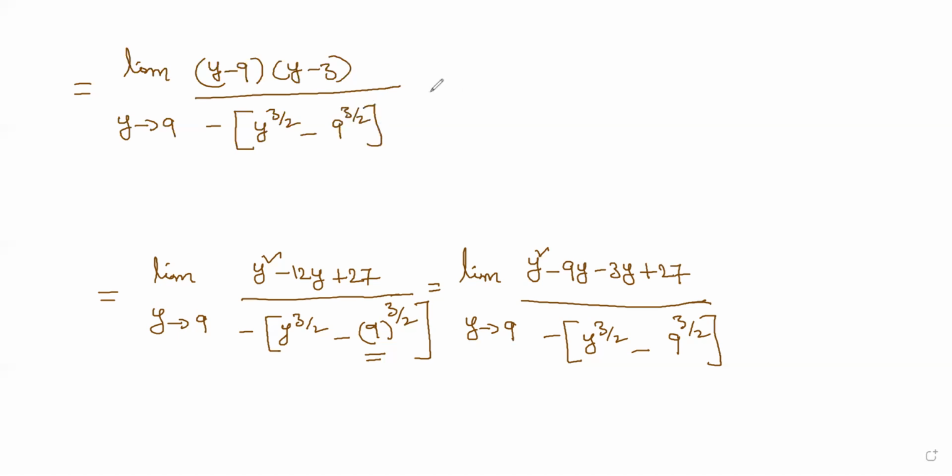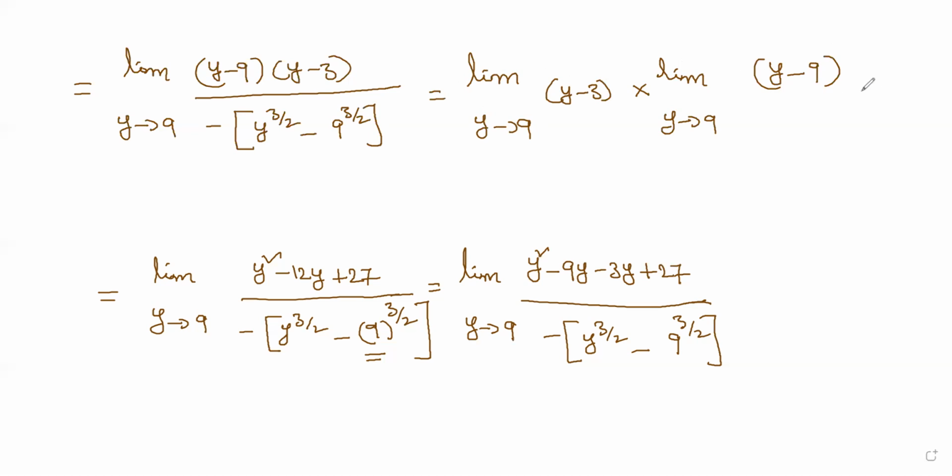So this can be split into two limits. One limit is limit y tends to 9 of y minus 3. The other limit is limit y tends to 9 of y minus 9, with the negative sign.